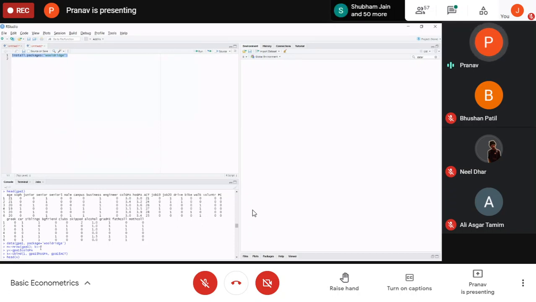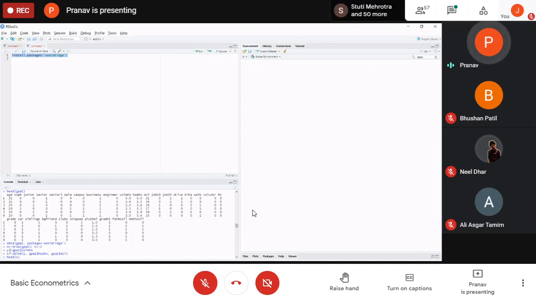Once we have the data matrix, I need to have the column of ones, which is there for the intercept term. Next, I make college grade point average my dependent variable, that is y.